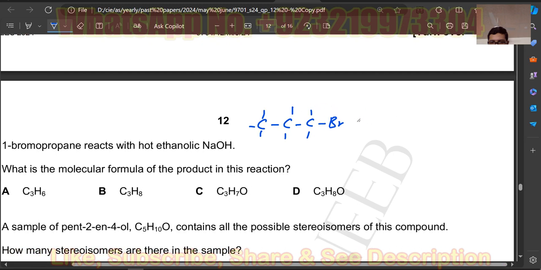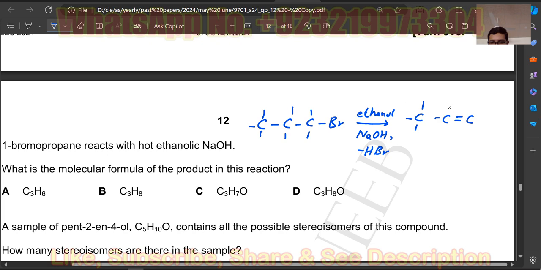When it reacts with ethanol in the presence of NaOH, you should know that it gives the elimination reaction or dehydrohalogenation reaction, in which the hydrogen halide is removed, which in this case will be HBr. HBr will be eliminated, so you will get a carbon-carbon double bond here.